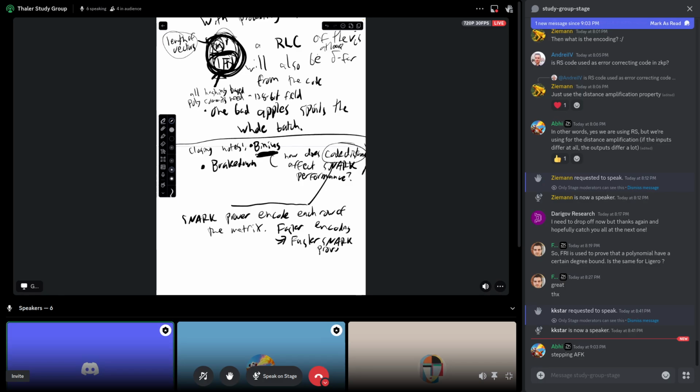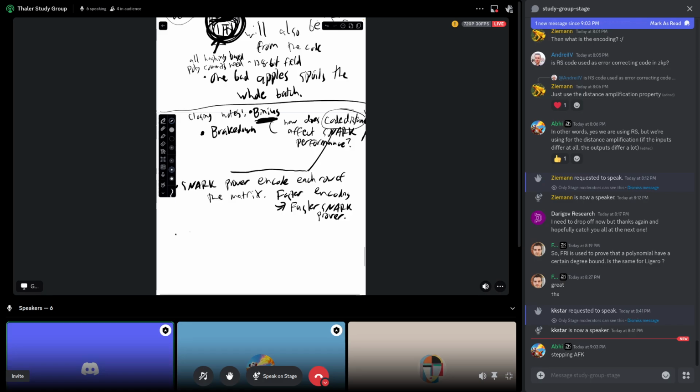Now you can't take this too far, because Merkle hashing rather than encoding may well be the prover bottleneck, and the cost of Merkle hashing is not determined by how fast it was to encode, but rather by how big the code words are. But generally speaking, because the SNARK prover has to do a lot of encoding, if you have fast encoding, you're going to have a faster SNARK prover.